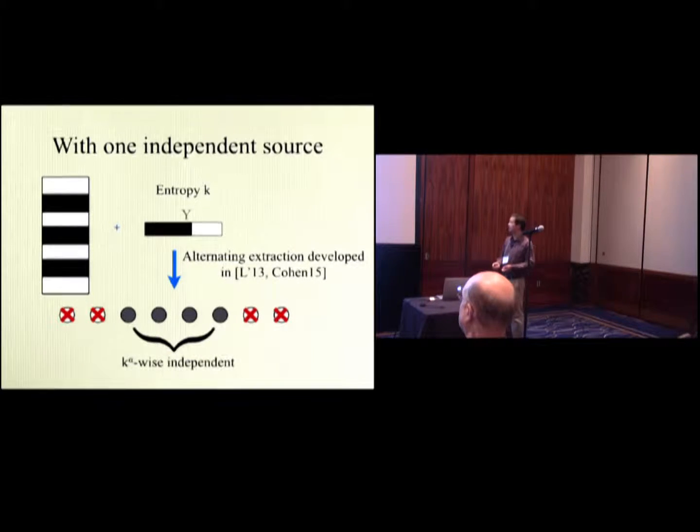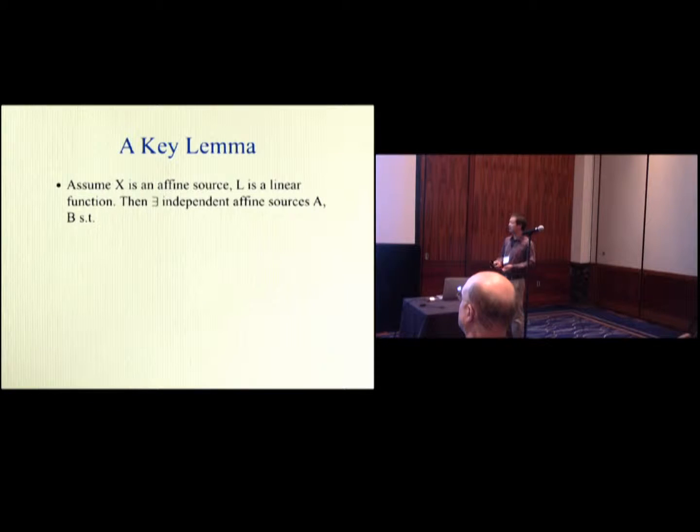So it turns out that the affine source has a very nice property, which is captured by this key lemma, which says if X is an affine source and L is some linear function, then if you apply this linear function to this affine source, you can actually decompose this affine source into the sum of two independent sources, A and B, where for any value in the support of the random variable B, the linear function applied to it is going to be 0.